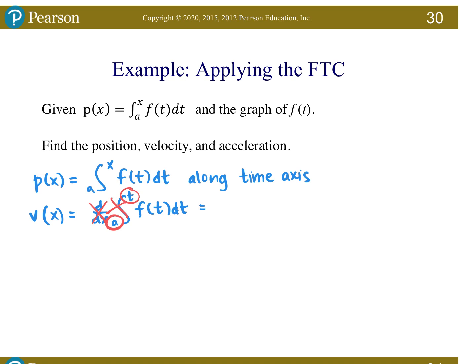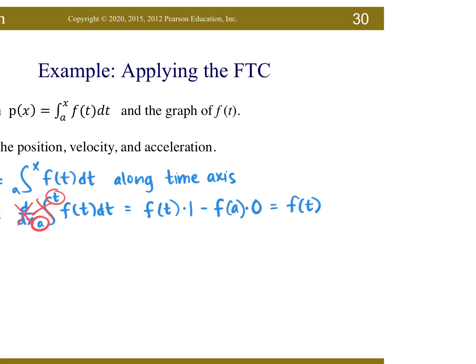So that will turn out to be f of the upper bound of t plugged in times the chain rule of the derivative of t, which is 1, minus f of a, the lower bound, times the chain rule of that, which is 0, which cleans up to be just f of t along the time axis.